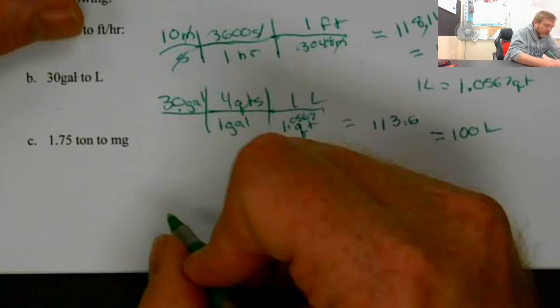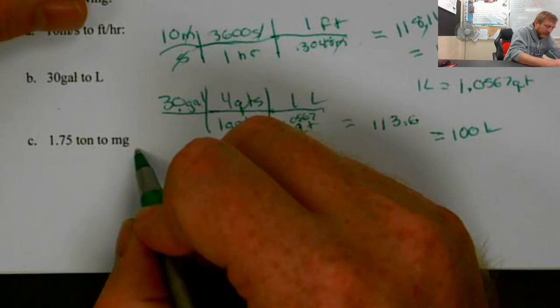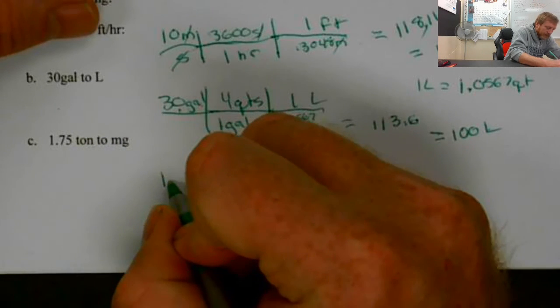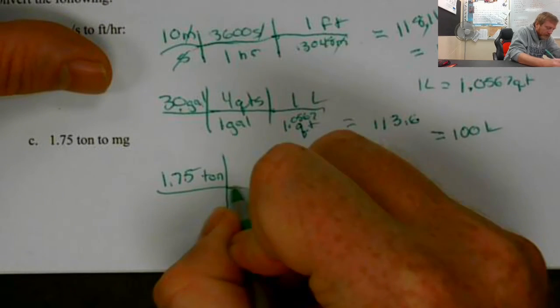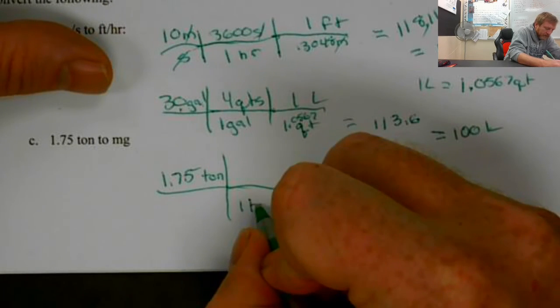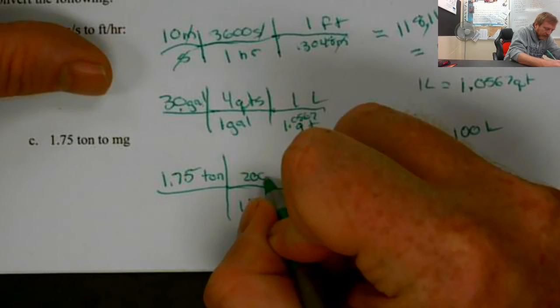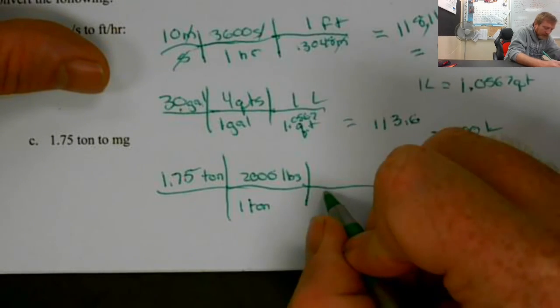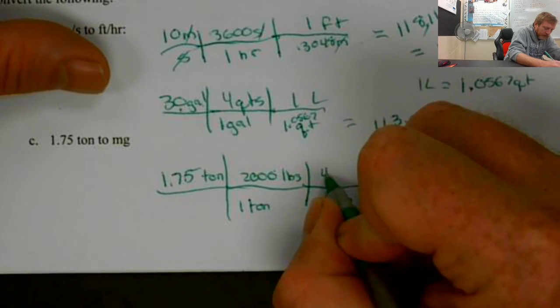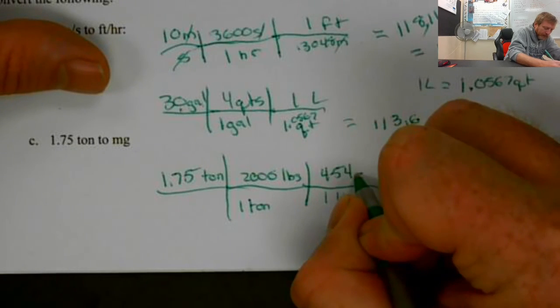Okay, now I've got 1.75 tons to milligrams. I have 1.75 tons. There are in 1 ton 2,000 pounds. There are in 1 pound 454 grams.